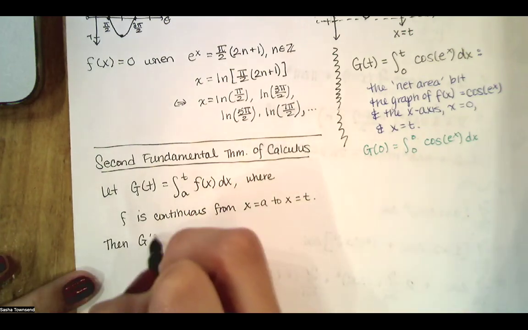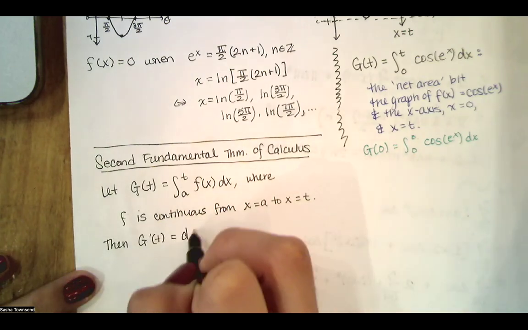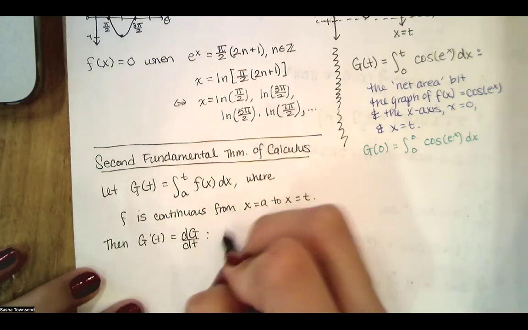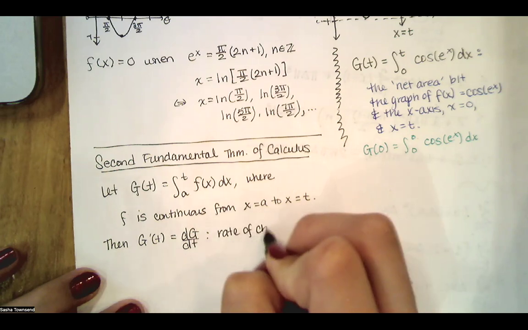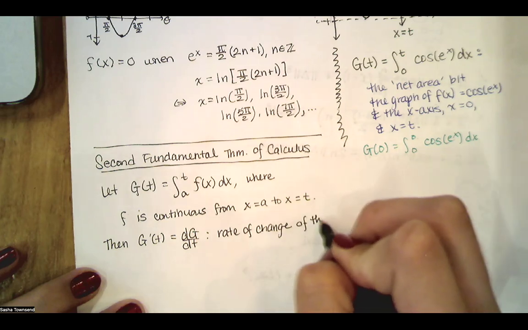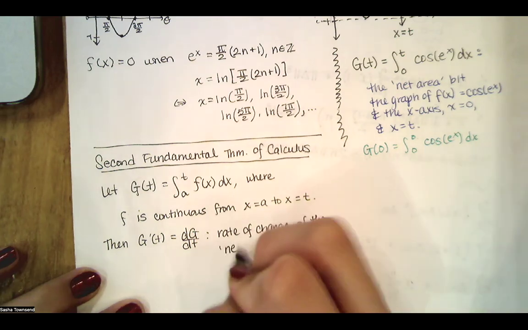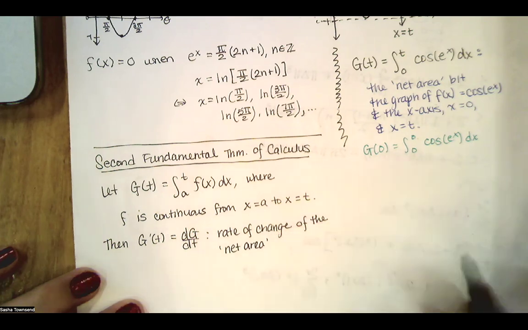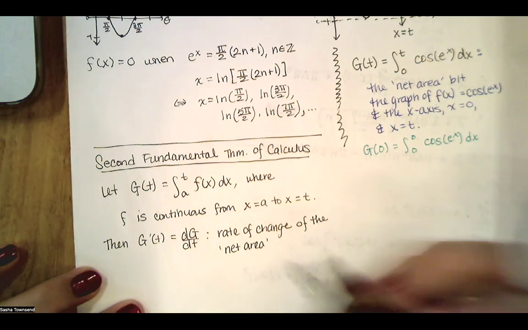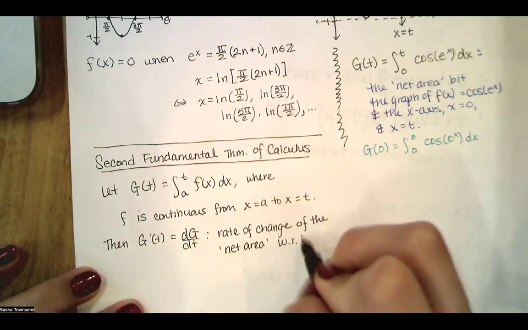Then g prime of t can be written in Leibniz notation as dg/dt. That represents the rate of change of that net area function. Sometimes it's called an accumulation function because we're accumulating area under the curve with respect to time.